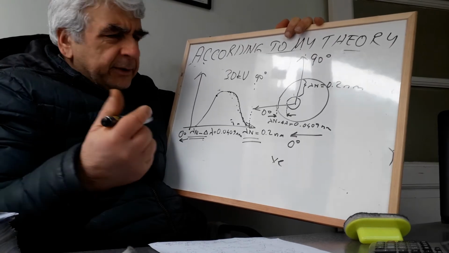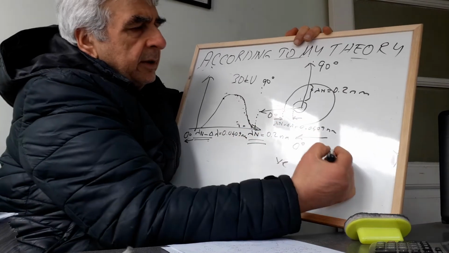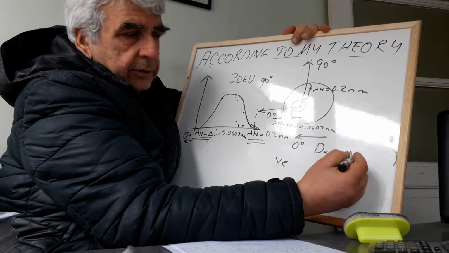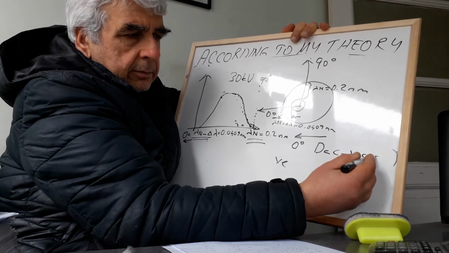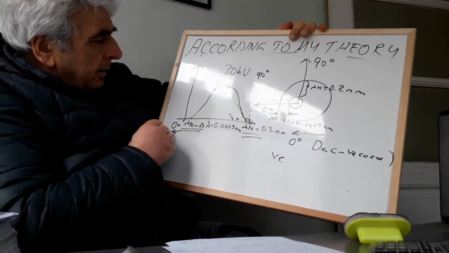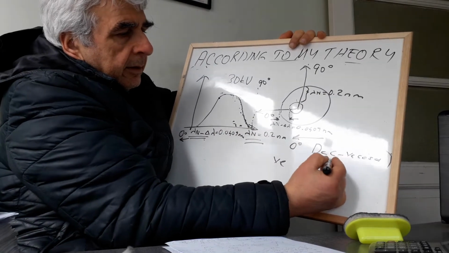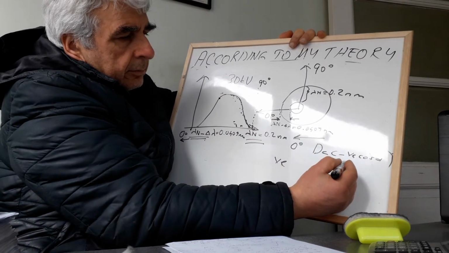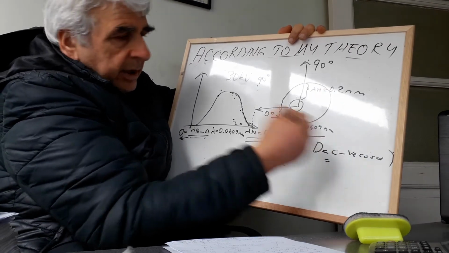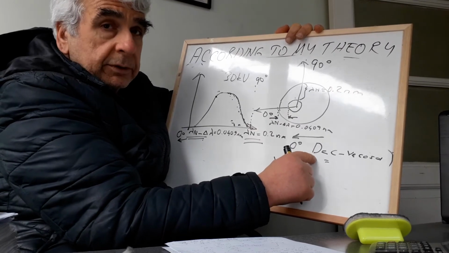What are our concepts? d is equal to c minus v, electron velocity, cosine alpha. In this direction, 0 degree, we will calculate that. This is one of our concepts, d. It is important.